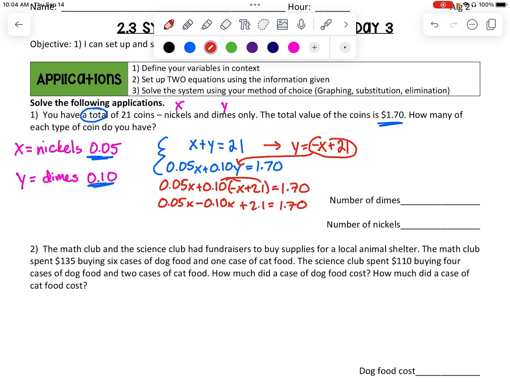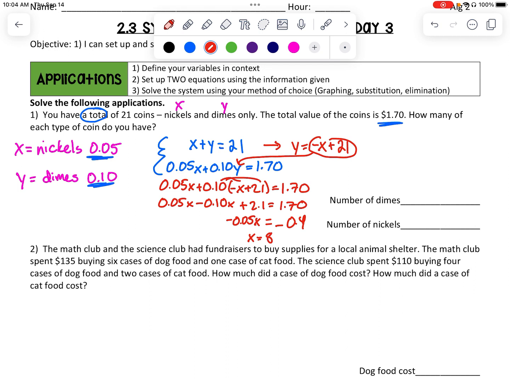I'm going to do the next step at the same time, so I'm going to subtract 2.1 over, which gives me negative 0.4, and I'm going to combine like terms, which gives me negative 0.05x. Then we divide by negative 0.05, and we get 8.